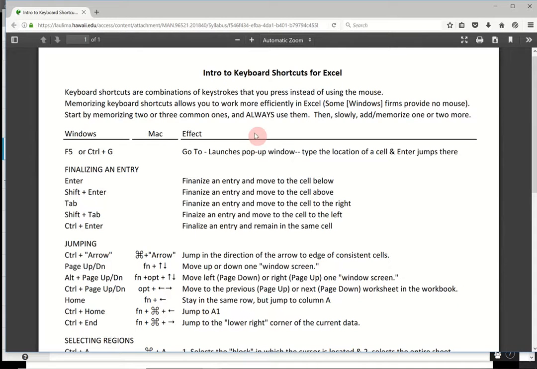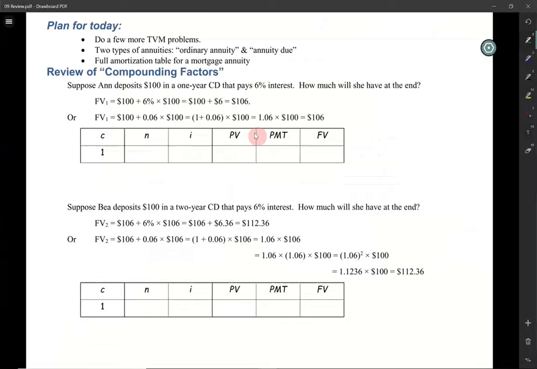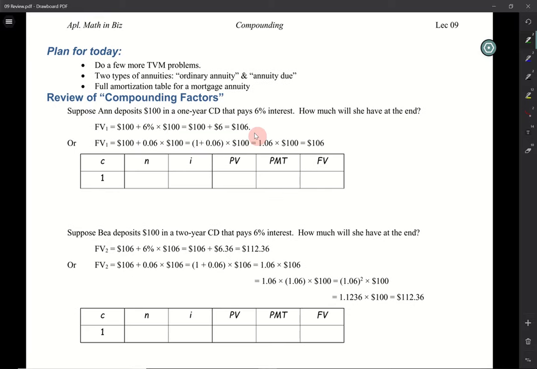It's on Laulima under resources and should also be linked to the assignment for today. Any questions before we get started? No? Okay. We'll also be using Excel today, so you can launch Excel as well.